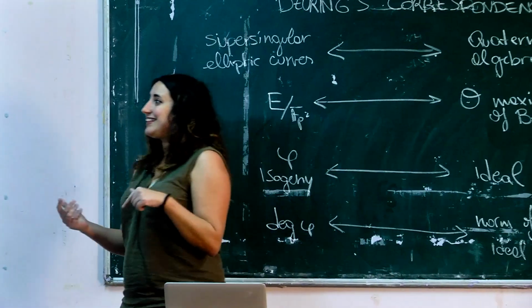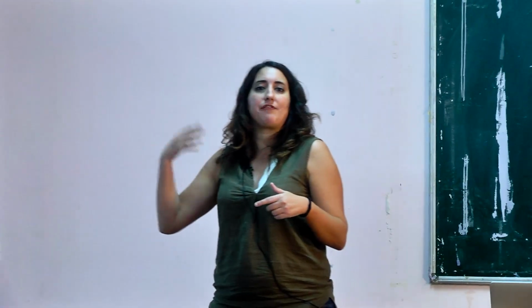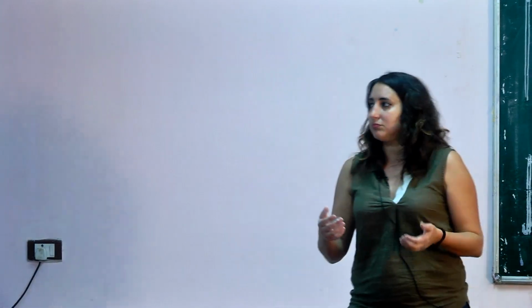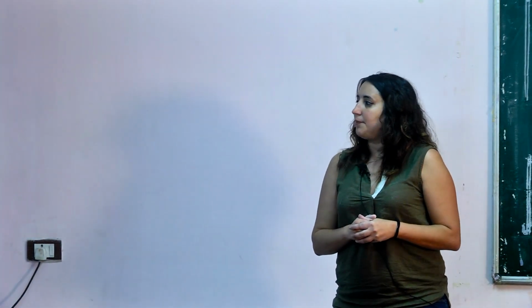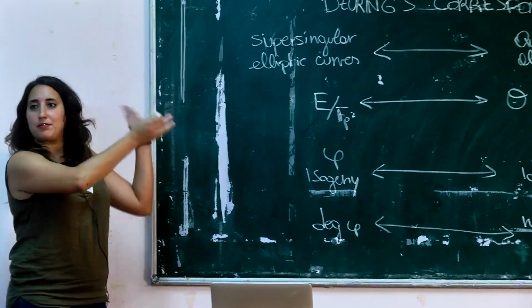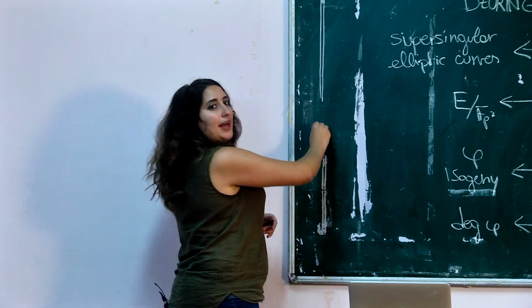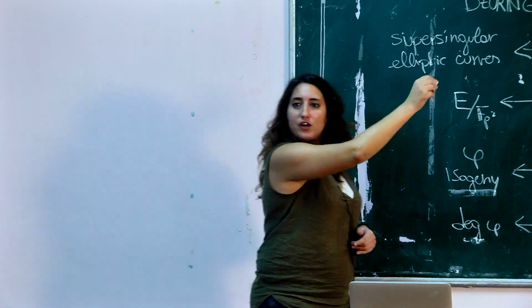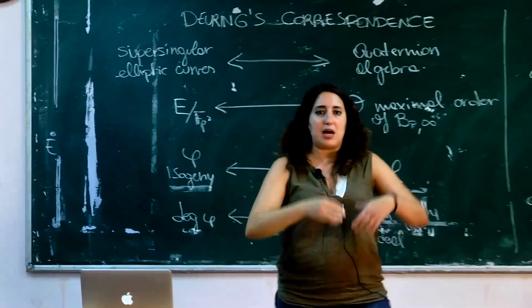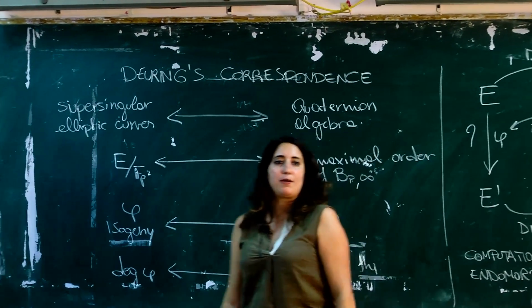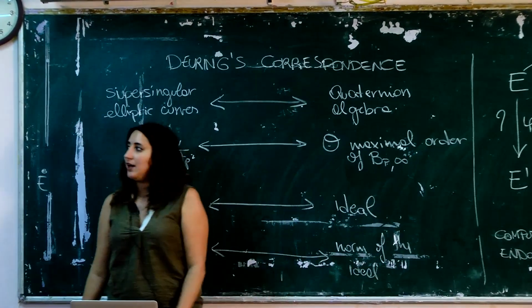Because I told you about the constructions we have for supersingular elliptic curves. One construction is that I take a supersingular isogeny graph, I start from a curve, and by exploring the supersingular isogeny graph, I can build all the supersingular elliptic curves.